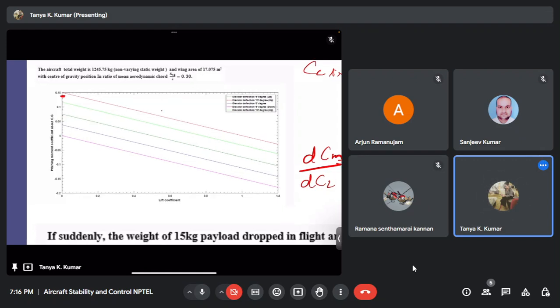This is 15 degrees up, this is 10 degrees up, this is 5 degrees up, this is 0 degrees, and this is 5 degrees down. So if your Cm naught is at this level, will it be more or less than 15 degrees up? It's less, right? It's clearly less.